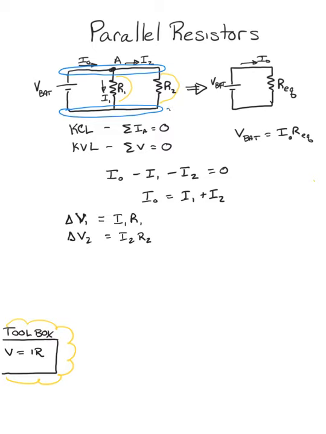So we'll call this volts equals 0, and this volts equal volts of the battery. What that means is that every single element, R1 and R2, has the same voltage. So that's the important thing. Delta V is the same for all parallel components.